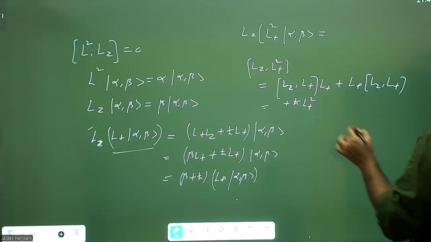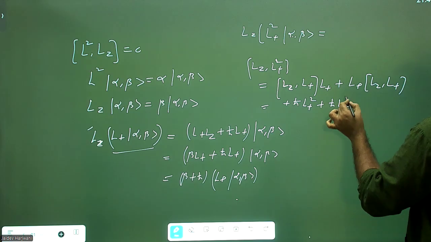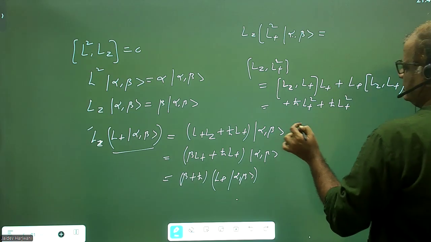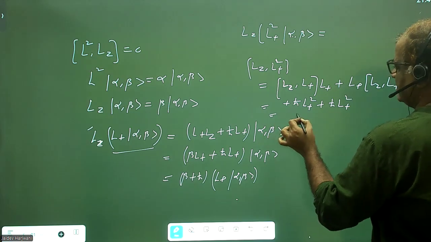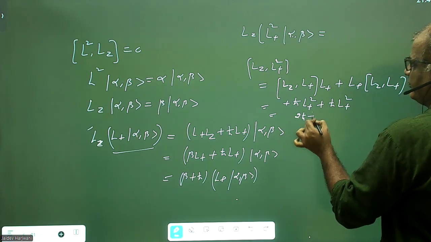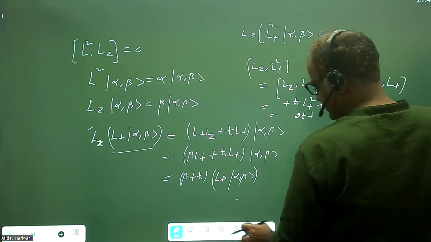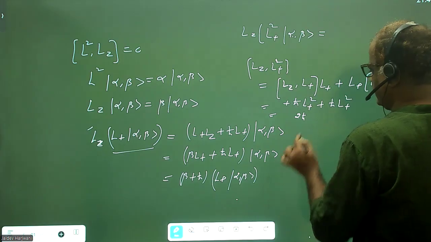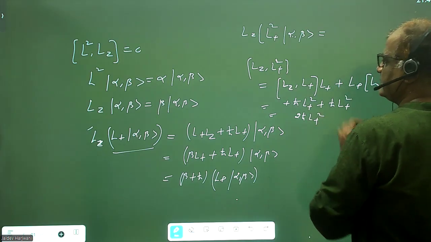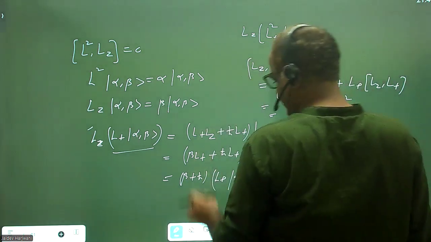Similarly, here again we get H cut L plus L plus. So now this becomes L plus square Lz plus 2 H cut L plus square.